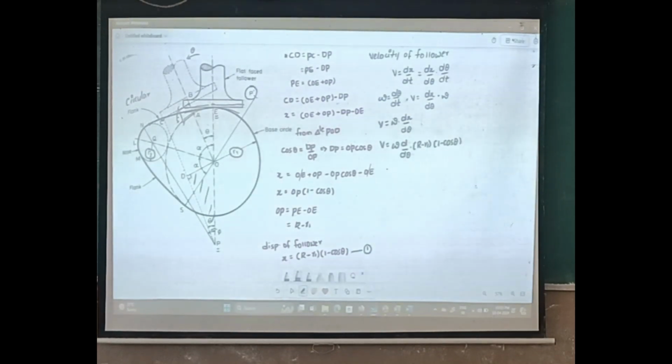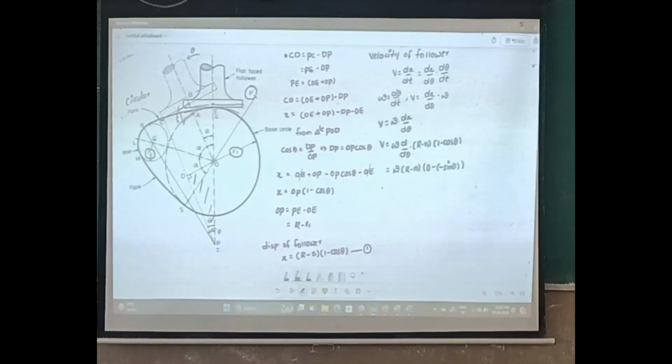So that is omega into (R minus r1), which is a constant, into 0 minus the differentiation of cos theta, which is minus sin theta, so minus into minus sin theta.